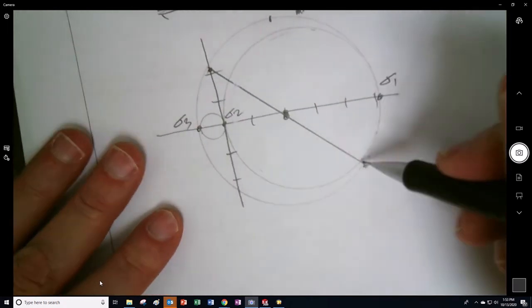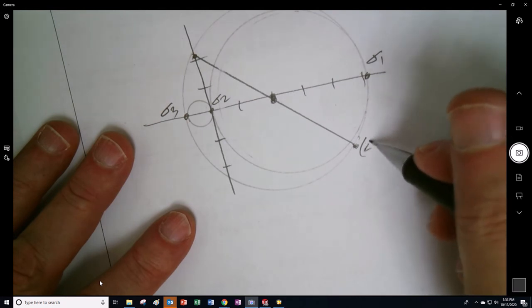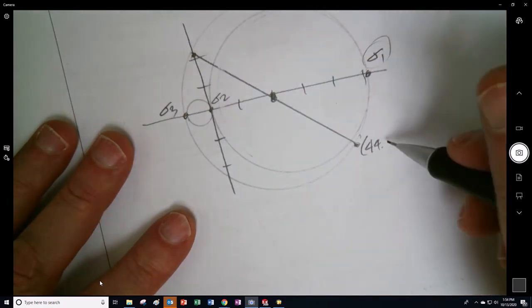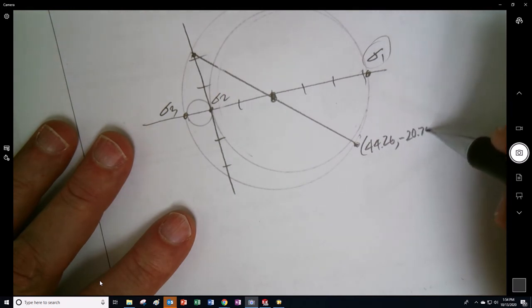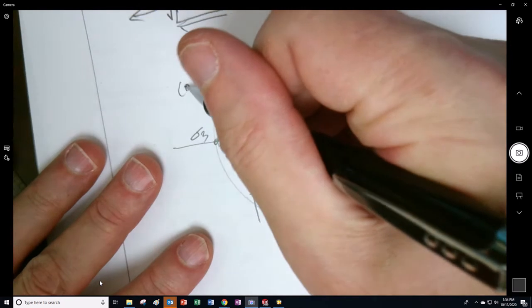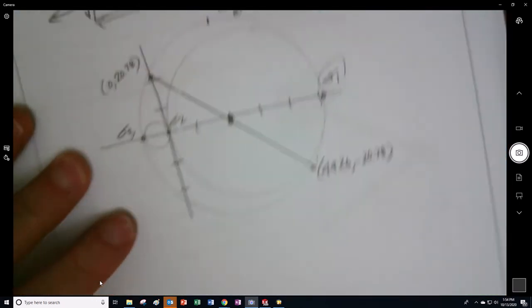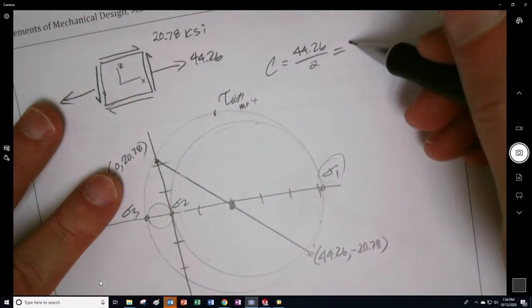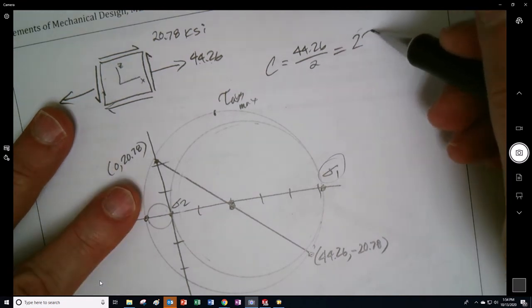But what we mostly care about is plotting what this difference is. This is the guy that we're going to care about. Negative 20.78, and this is the 0 and 20.78. All right, so that's fully labeled. The C is going to be that 44.26, and it turns out to be 22.13.